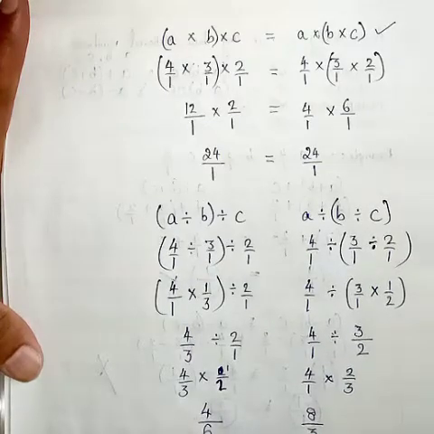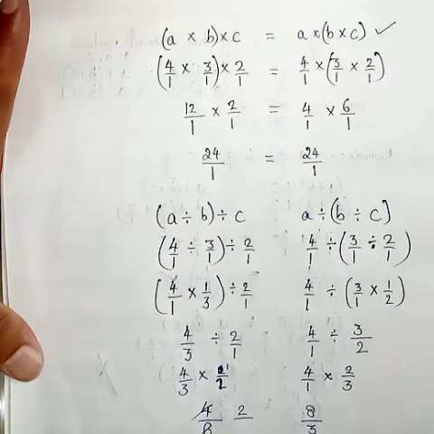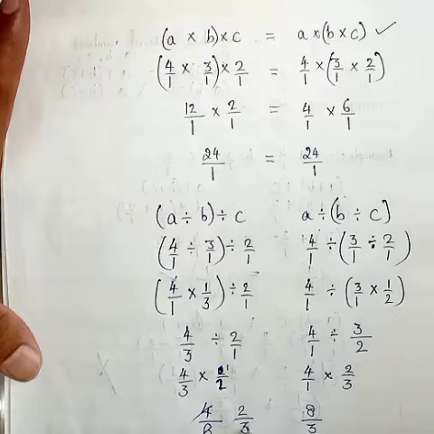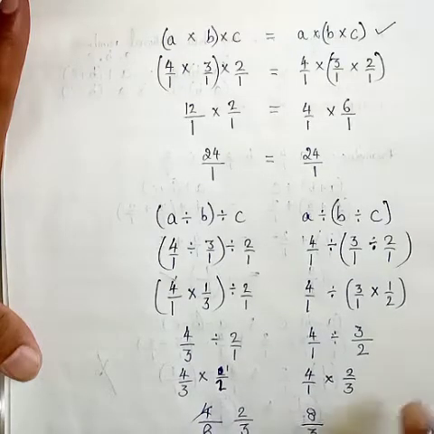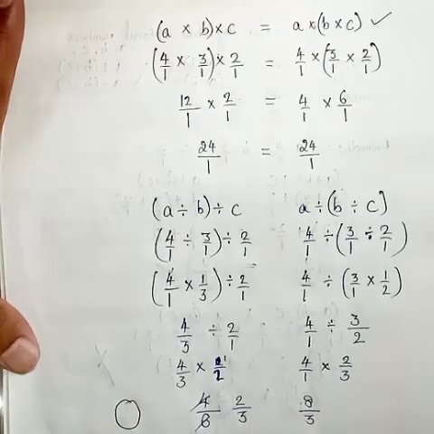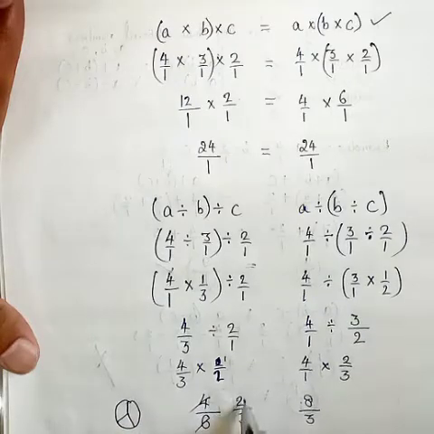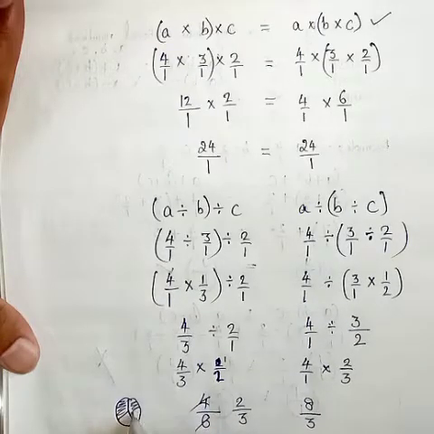If I change it to lowest form, 2 2s are 4, 2 3s are 6. What I find is, if a circle is there of 3 parts, out of this it contains 2 parts.